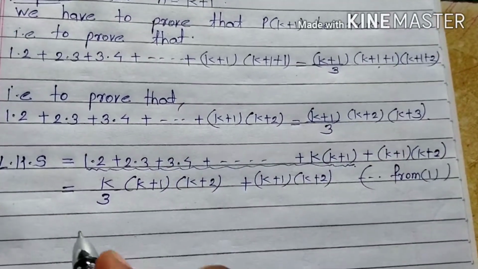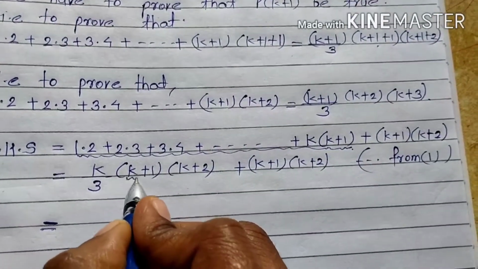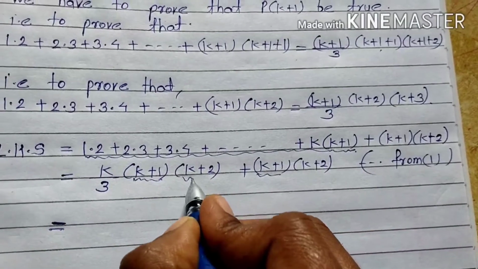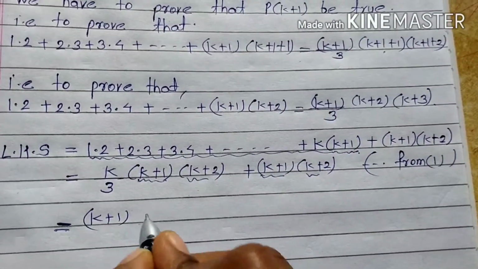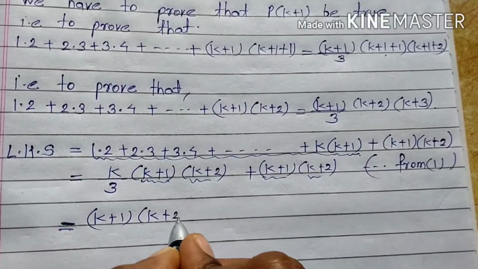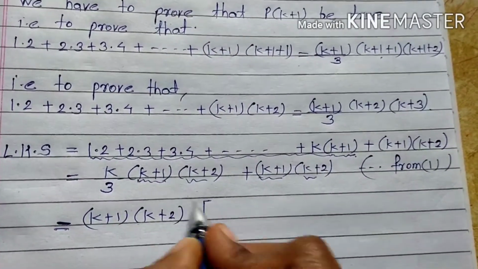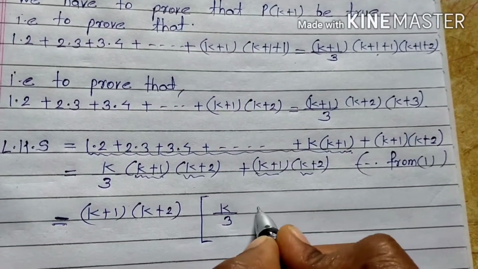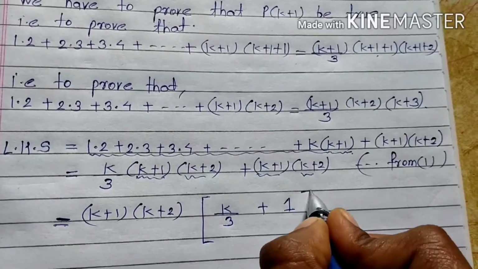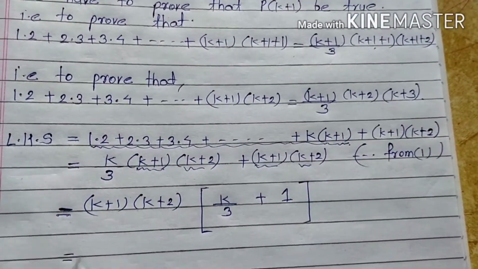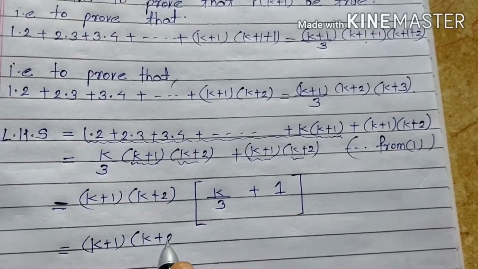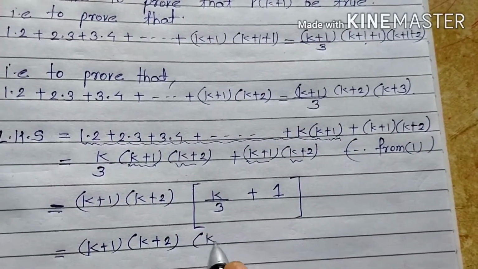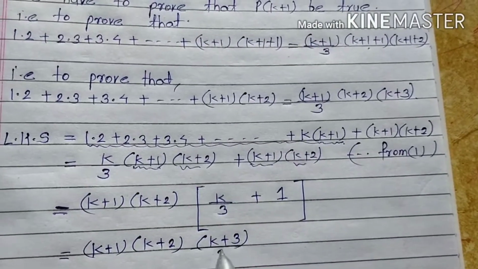Okay. Now K plus 1 and this K plus 1, K plus 2 and K plus 2 are common, so take outside. Now remaining factors K upon 3 and here remaining only 1. So this is K plus 1, K plus 2, cross multiply, so it is K plus 3 upon 3.